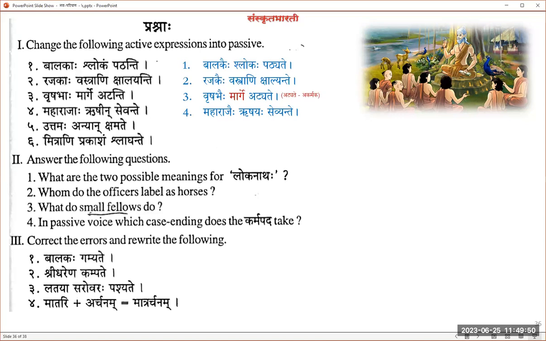Jayanti Varya. Uttamaha anyan kshamate. Uttamaihi. Oh, why plural? Uttamena. Uttamena anyan. Anyan, just like Raman.